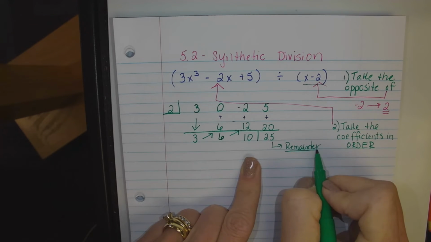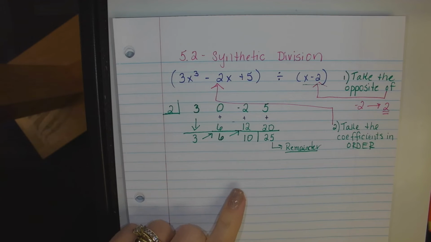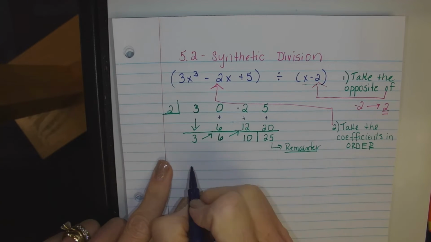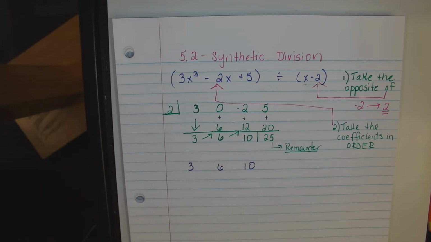Remainder. All right. Now, here's our answer, but we have to write it as a polynomial. This is not the hard part. It's kind of like you're going backwards. So here is, I'm just going to write 3, 6, and 10.